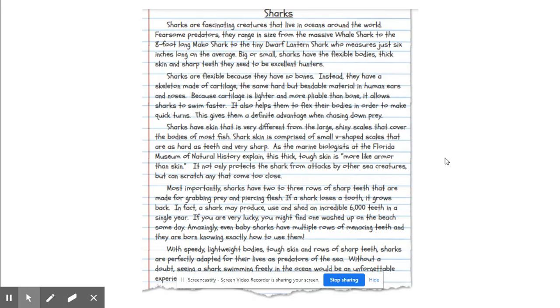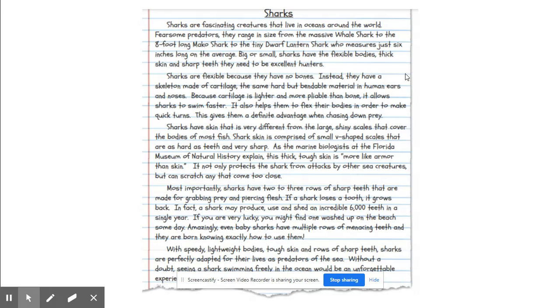Sharks. Sharks are fascinating creatures that live in oceans around the world. Fearsome predators, they range in size from the massive whale shark to the 8-foot-long mako shark to the tiny dwarf lantern shark who measures just 6 inches long on the average. Big or small, sharks have the flexible bodies, thick skin, and sharp teeth they need to be excellent hunters.